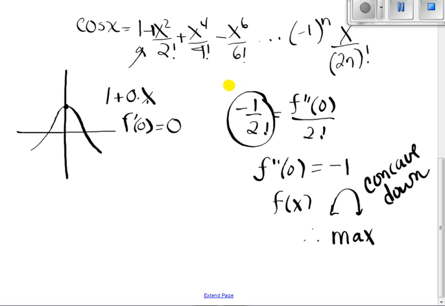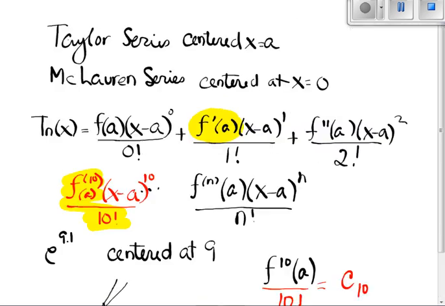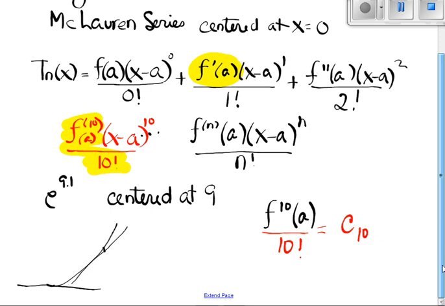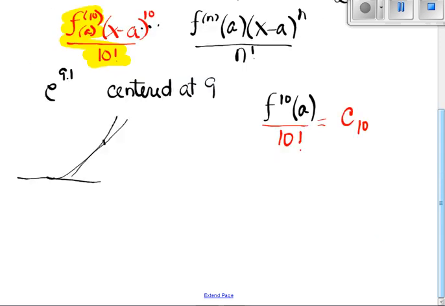One other thing, since we're here, and then I'll show you how to do it, and I'm going to try to keep this pretty simple. These are the first n terms. So f of x, well, we'll call it a, minus the sum of the first n terms, the absolute value of that, is less than or equal to, and this is the Lagrange error bound, the next term after the first n terms.